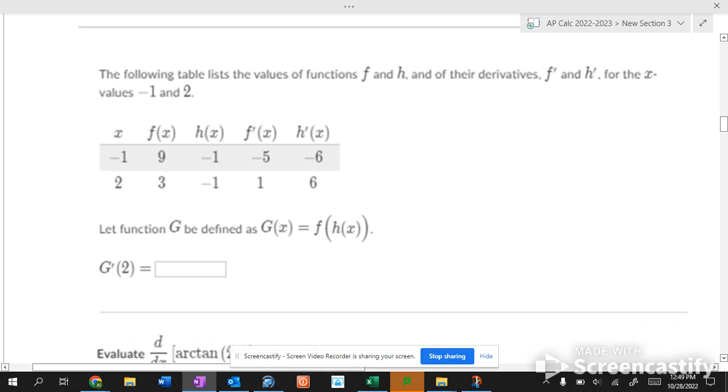So we're figuring out f of g or f of h of x, find the first derivative at 2. So it's, you find h of, so it's the first derivative of f, right? Times h of x.